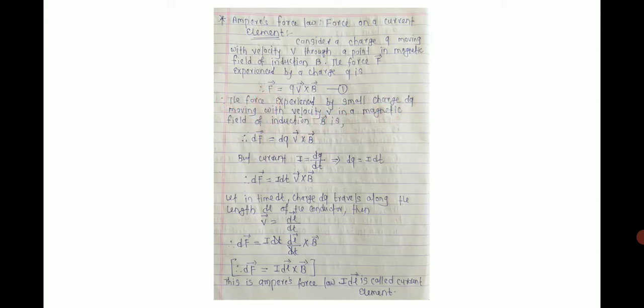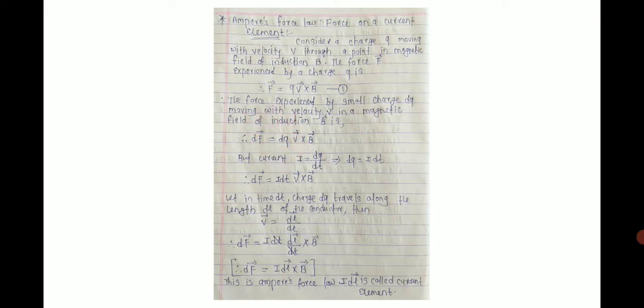That means the force experienced by that small charge dq, moving with velocity v in a magnetic field of induction B, is dF is equal to dq v cross B. Here v is the velocity of the moving charge, and B is the magnetic field in that region.